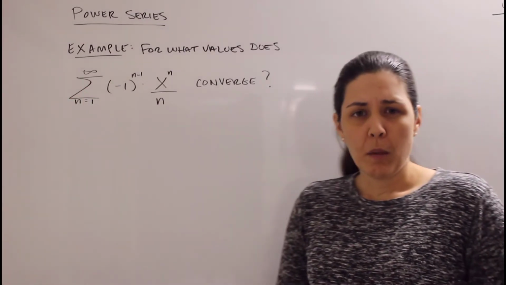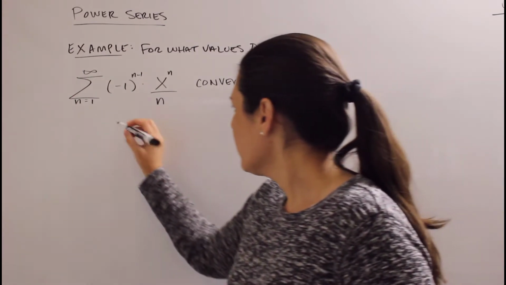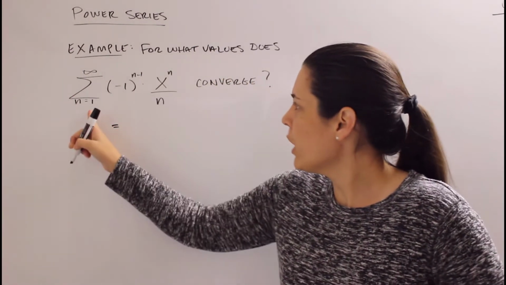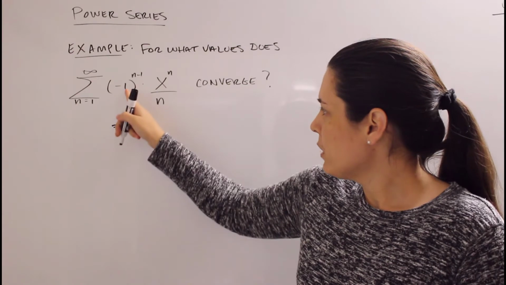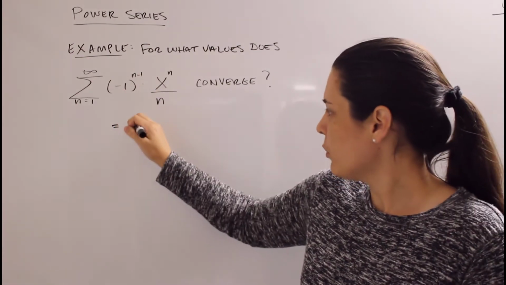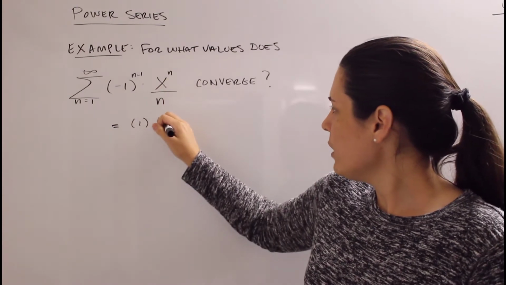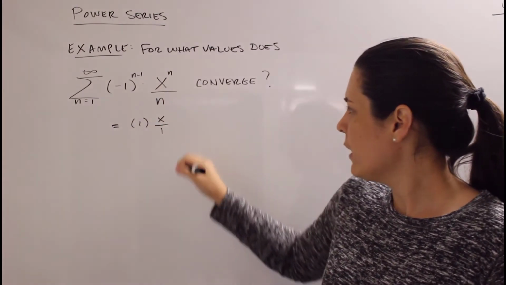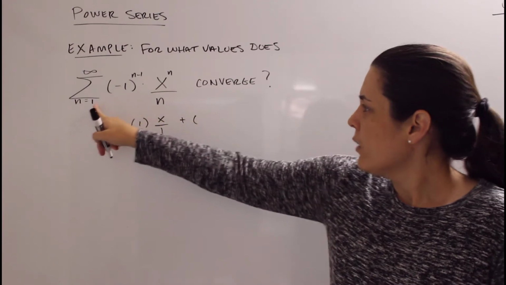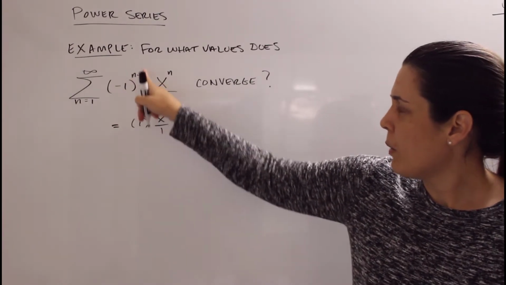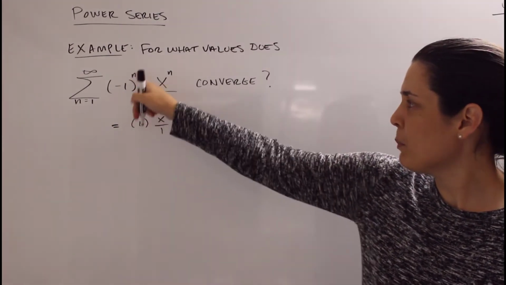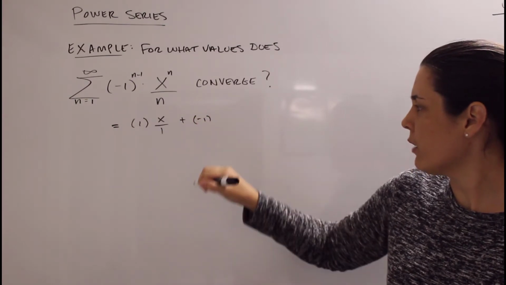So let's just look at a couple of terms first to see what this series kind of looks like. So when n is 1, this -1 becomes a -1 to the 0, which is +1. Okay? Plugging in a 1 here, this is x to the 1 over 1. The next term, when I plug in 2, I'm going to get a +1 for my exponent here, so that's going to be -1.